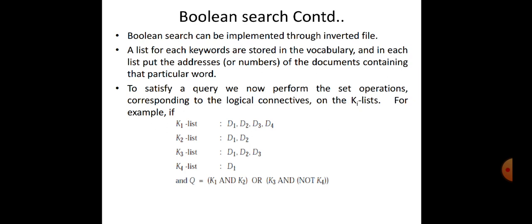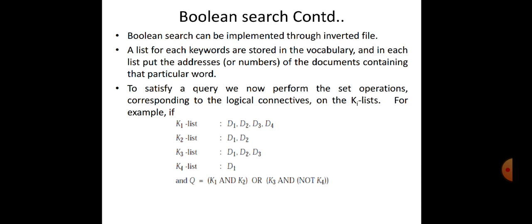Boolean search can be implemented through an inverted file. We already discussed this inverted file. It is a file structure which is used for this Boolean searching. Then what is the content of that inverted file?